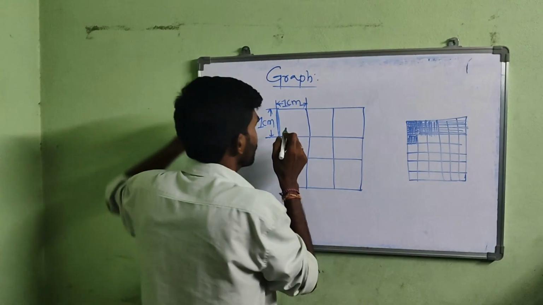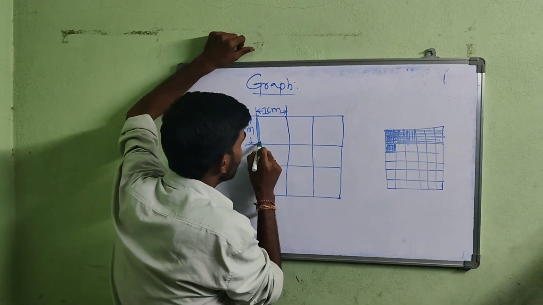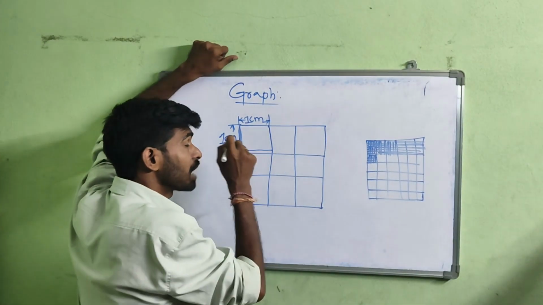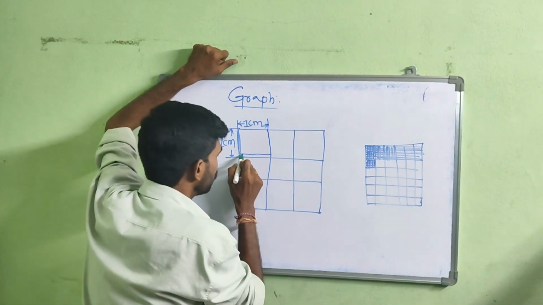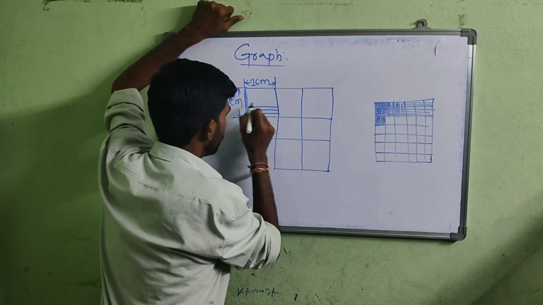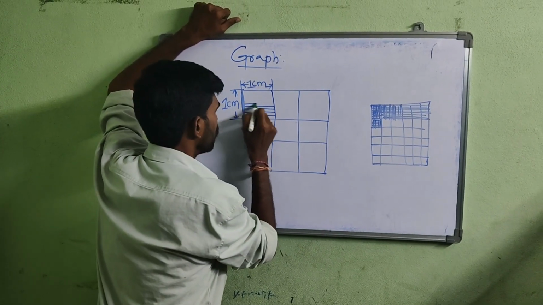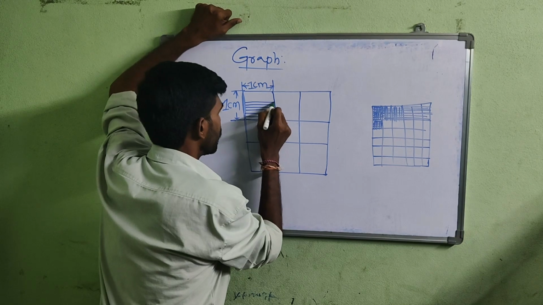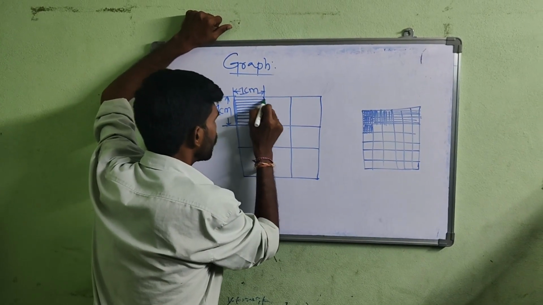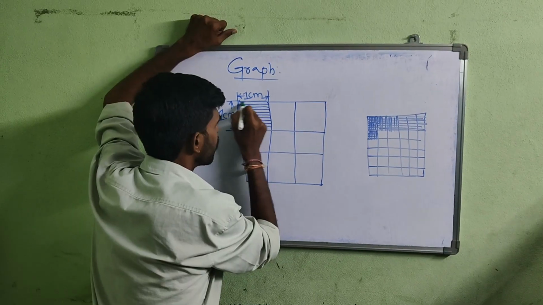You can see 10 divisions, means 10 lines, in one box. You can see 1, 2, 3, 4, 5, 6, 7, 8, 9, and this last one is the 10.